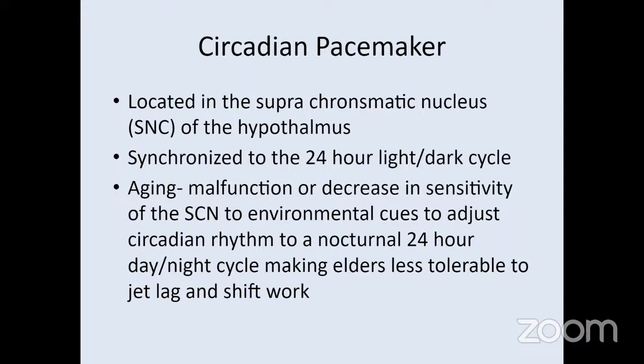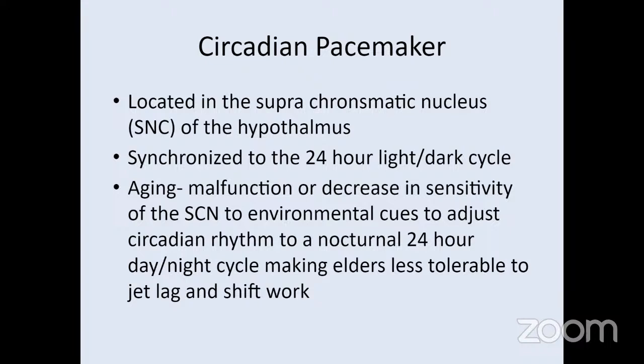Circadian pacemaker: we are going to talk about some of the normal physiology of sleep. We'll start with the circadian pacemaker. It's located in the suprachiasmatic nucleus of the hypothalamus, and it's synchronized to the 24-hour light-dark cycle.